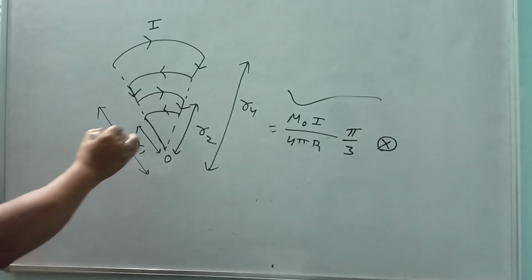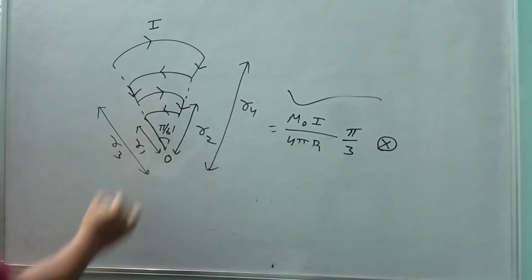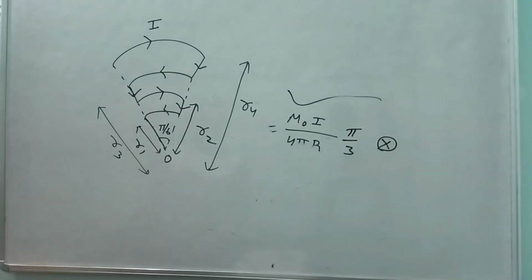And suppose this angle is pi by 6, 30 degrees. These arcs make 30 degrees, pi by 6, at the center.